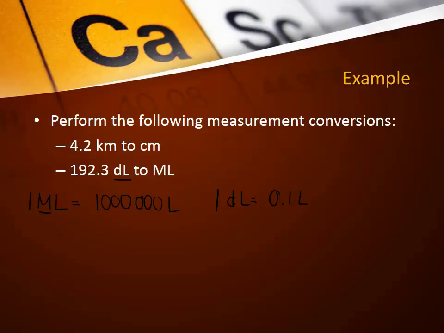So we start with deciliter. That goes down here. Up here goes liter, because I can't relate deciliter to megaliter. Liter goes down here. Megaliter finally goes up here. And we can put our numbers in.